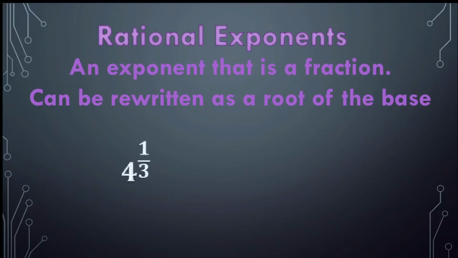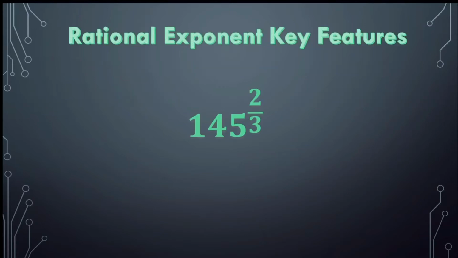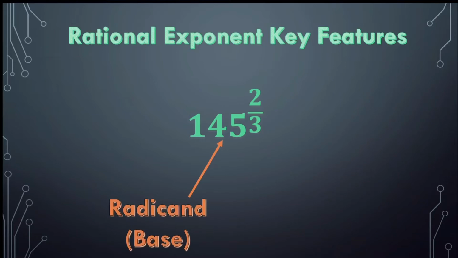For example, if I have 4 and my exponent is 1/3, I can rewrite that as a cube root of the base 4. In order to better understand this, it's important that we understand the key features. When we talk about the 4, most of you know that's the base, but we also call it the radicand.